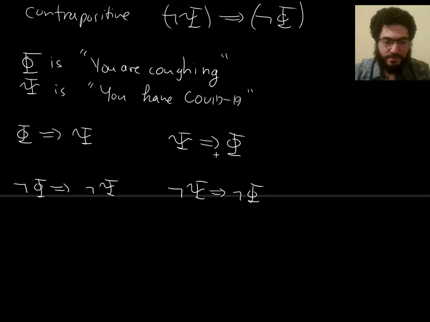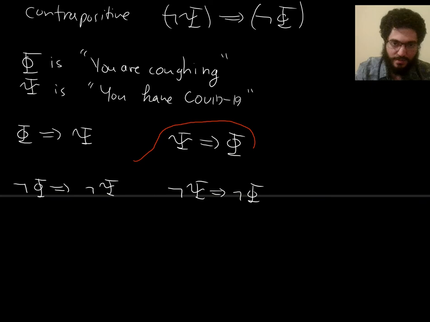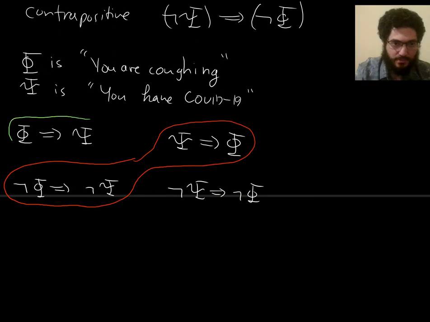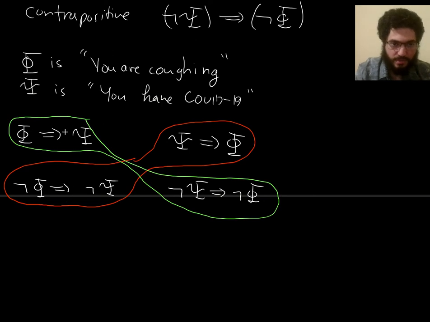But I'd like to convince you, or make you think about and maybe convince yourself, that these two are actually the same. And these two are also the same. Even though this one is different from this one and is different from this one, I want to convince you that the greens are the same and the reds are the same, even though the greens are different from the reds.